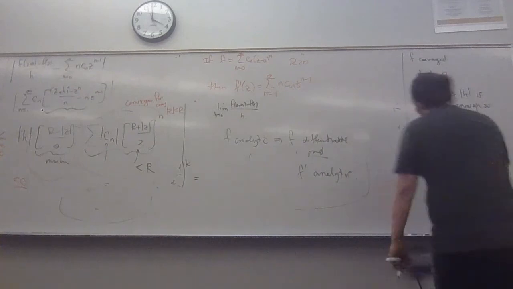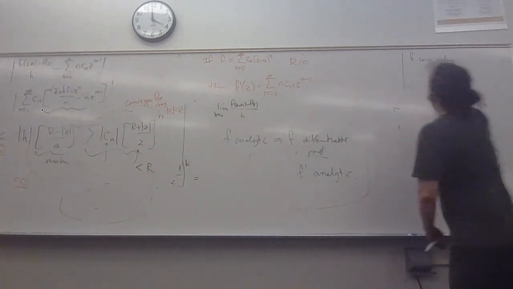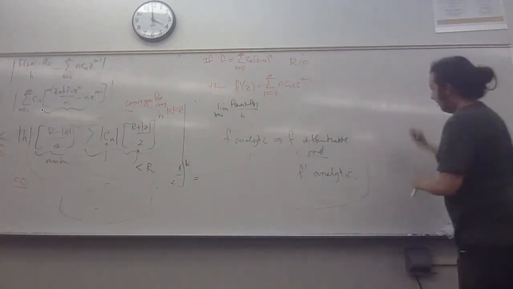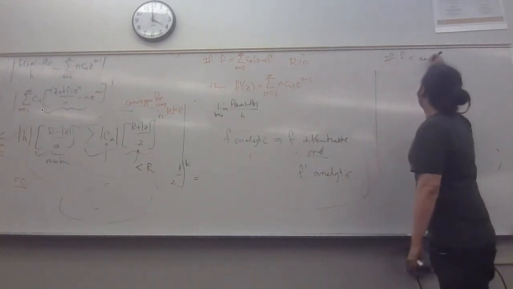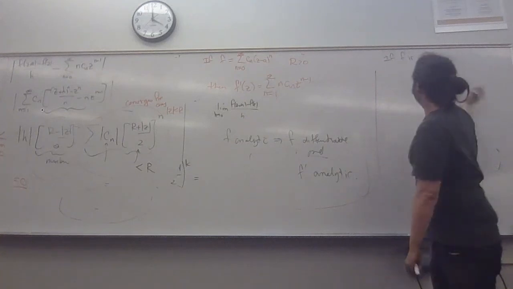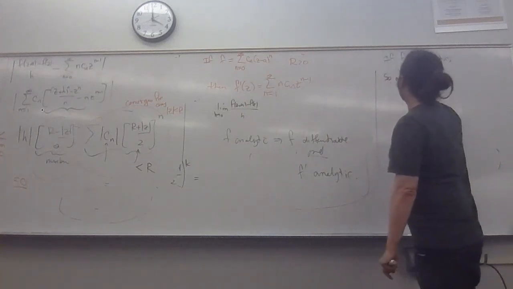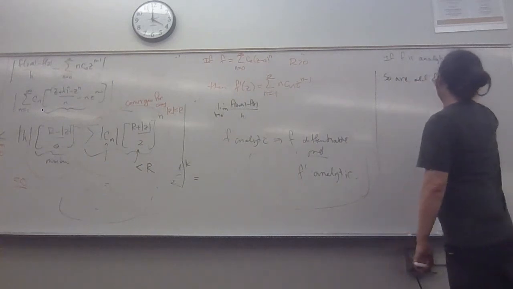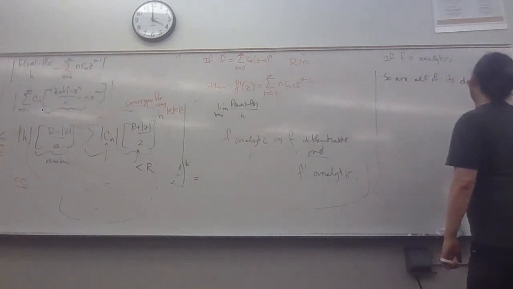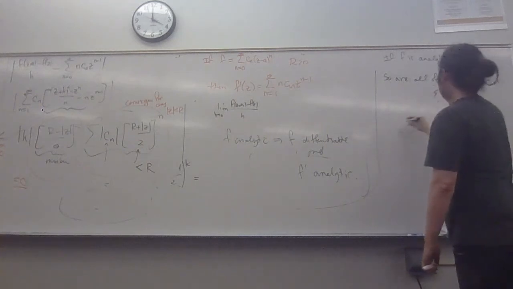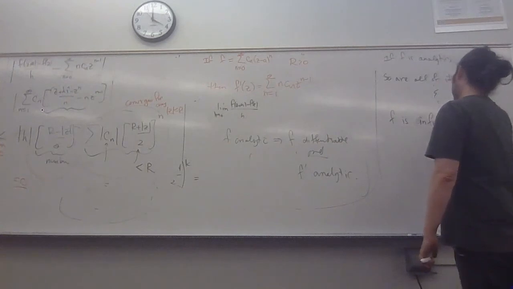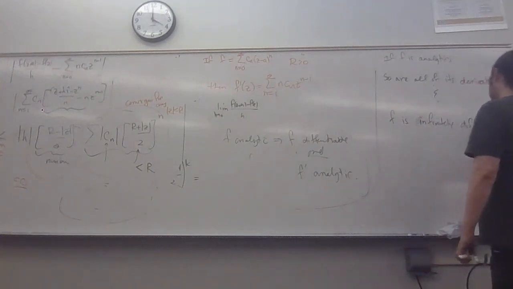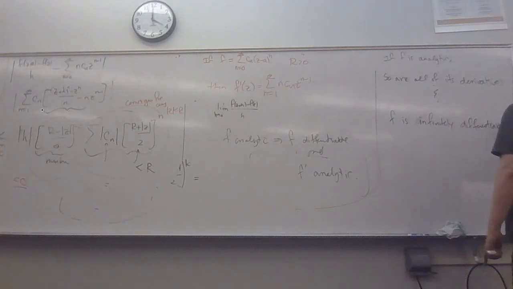The upshot of this theorem is, if f is analytic, so are all of its derivatives, and f is infinitely differentiable. So I can take as many derivatives as I want, and they all have power series. This is a remarkably strong theorem.